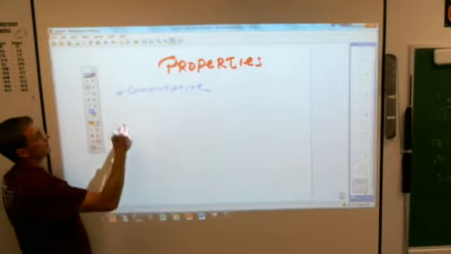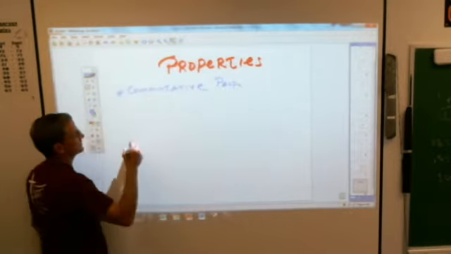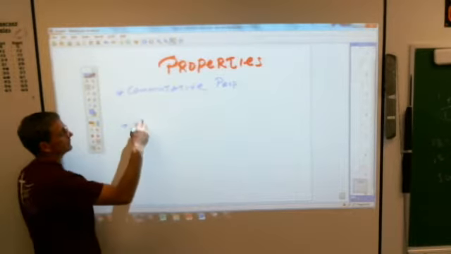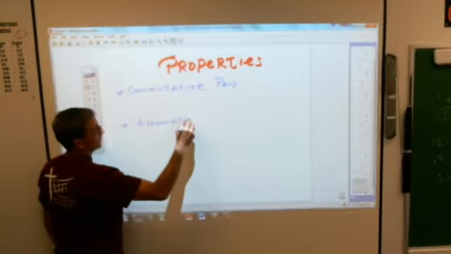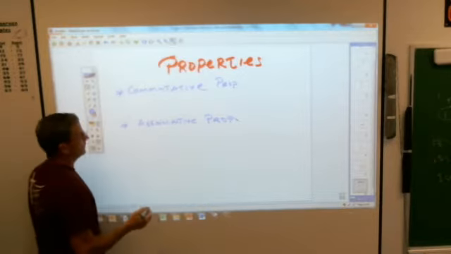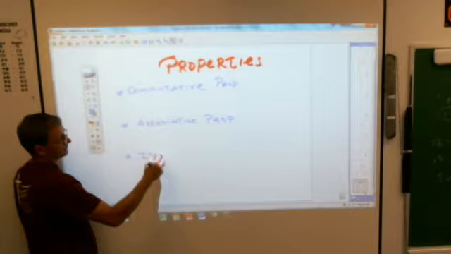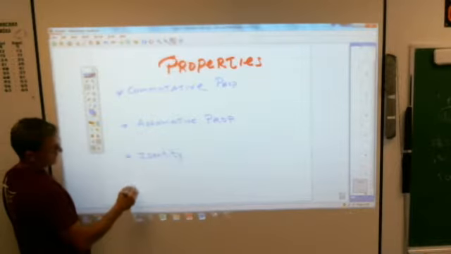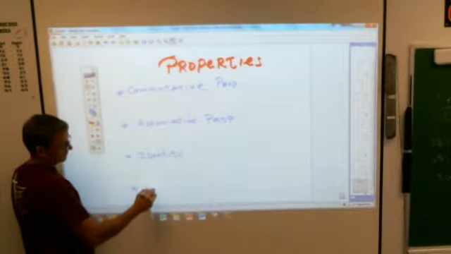And then we're going to talk about the associative property. And that's why you have notes, people. I don't expect you to remember this all right off the bat. Then we have what's called the identity property. And then the last one we'll talk about is, I think, multiplication by 0.